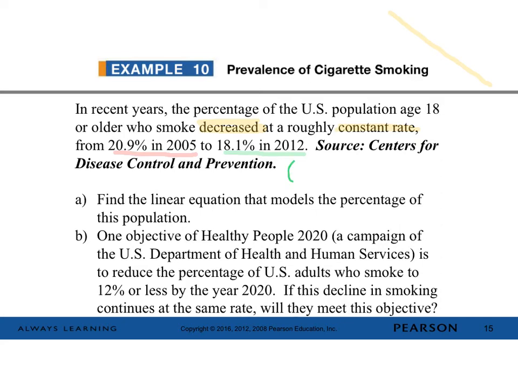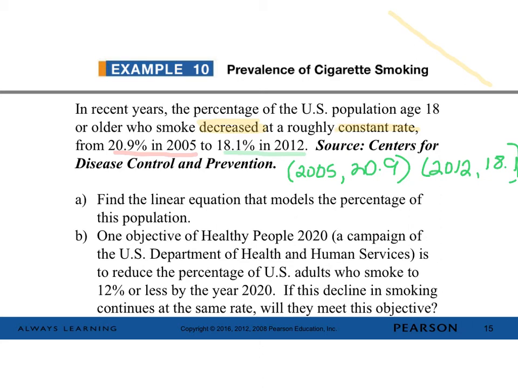In 2005, that's the beginning point, they measured the rate of smoking and found it was 20.9%. And then in 2012, they measured again and found that it was 18.1%. So that gave us an ordered pair.